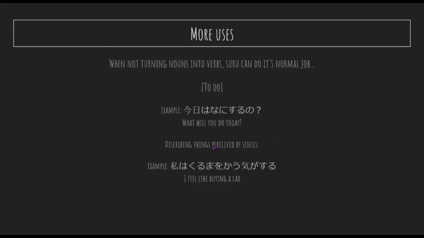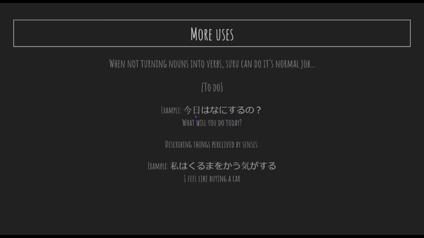So let's talk about some more uses of suru. When suru is not turning nouns into verbs, it can do its normal job by simply meaning to do. So for example here, we have kyō wa nani suru no? Meaning, what will you do today? So kyō here means today. I wrote in kanji because it's one of those simpler kanji that it won't be hard to pick up.